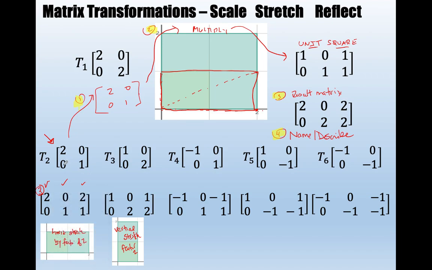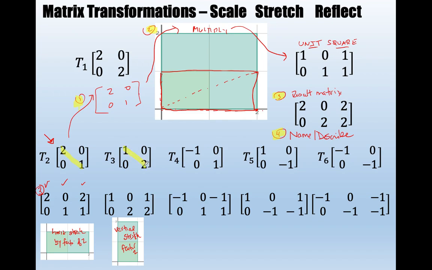The pattern was I still had zeros on the minor diagonal, but this time I had a horizontal stretch when the x component of the first unit vector was changed, but not the second.